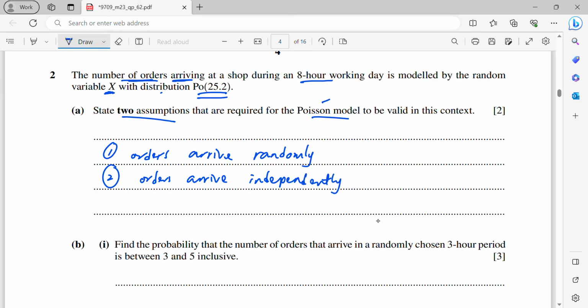Or you can say that they arrive at a constant mean rate. Alright, so the third one, you can write orders arrive at a constant mean rate. So I give you 3 assumptions here. Basically these are the 3 conditions for the Poisson distribution.